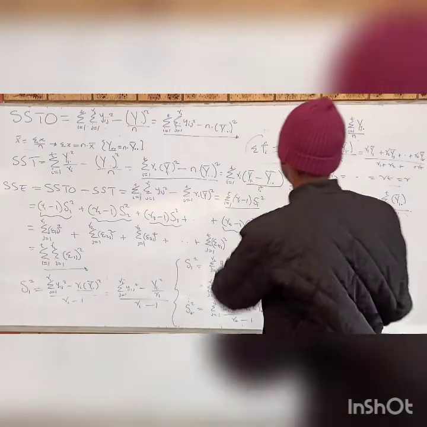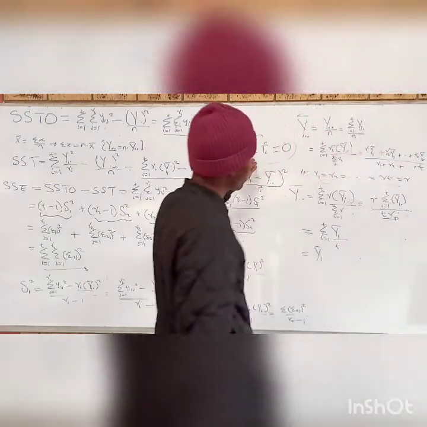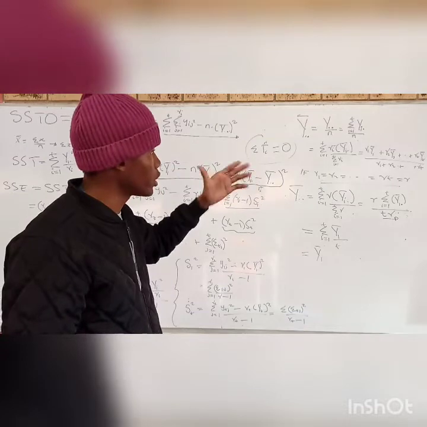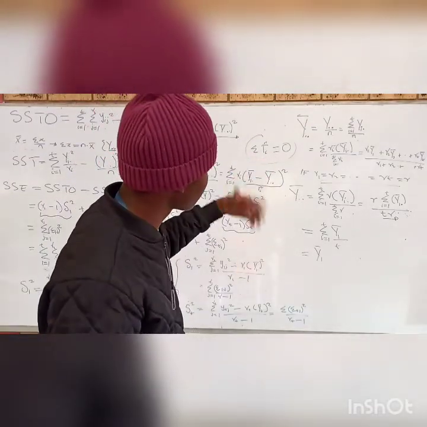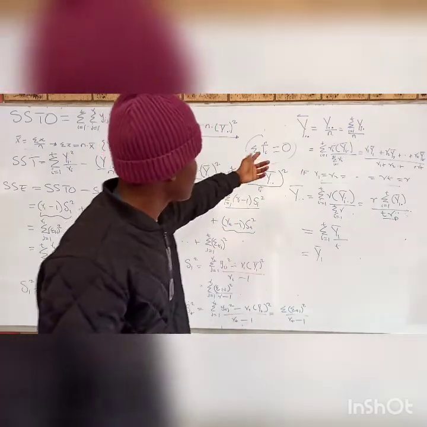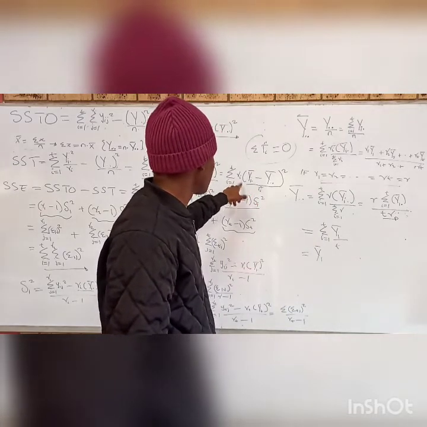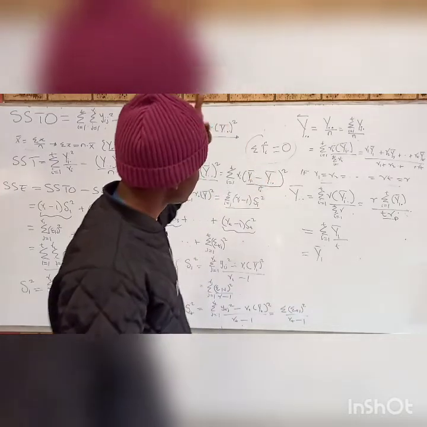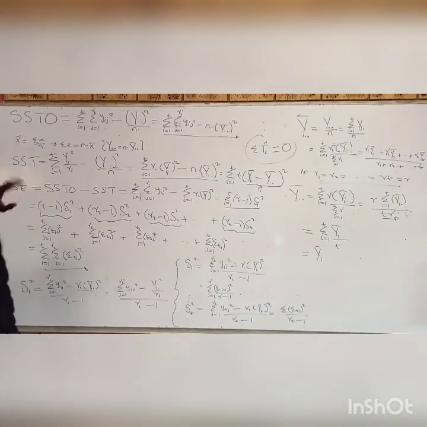So if they give you five treatments, for example, they give you only type 1, type 2, type 3, type 4, and they don't give you type 5, you add them, equate to 0, and find type 5. So that's how it works. You can come back and use this formula, where you can write it as the summation from i equals 1 to t of ri ti all squared. So you understand that one is very easy.